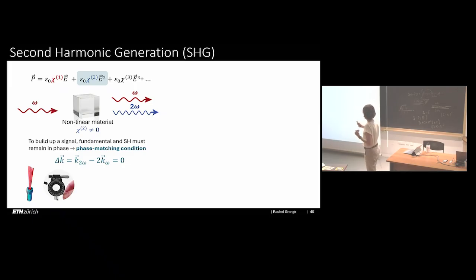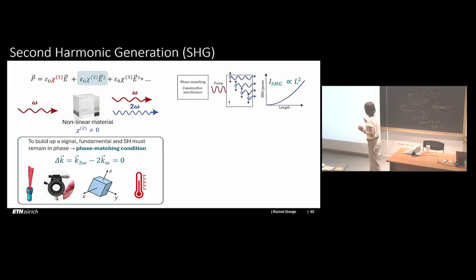You can use polarization, you can use inclination, orientation of your crystal, temperature. And in that case, by phase matching your signal, the intensity of the second harmonic signal will always be quadratic when it's totally phase matched, right? With the length of your crystal.